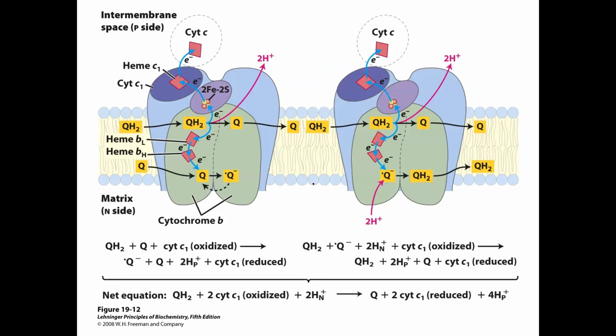Now, if you do that, you now have a semiquinone radical. That semiquinone radical is going to serve as reductant for a ubiquinone that is bound to the complex 3 that is called Q sub N. Sorry, Q sub P. My bad.